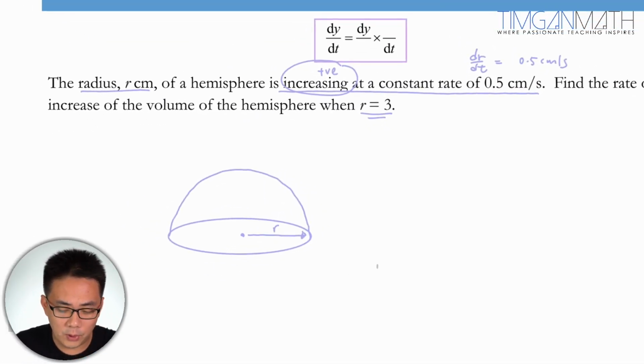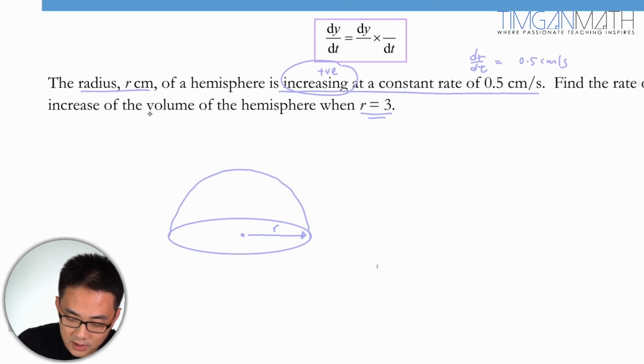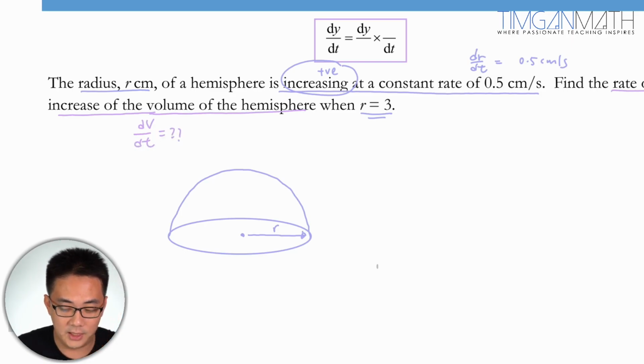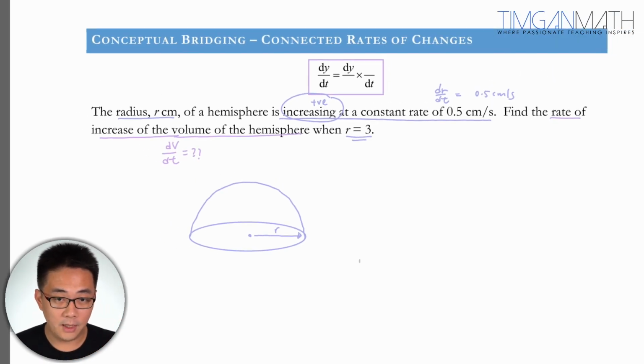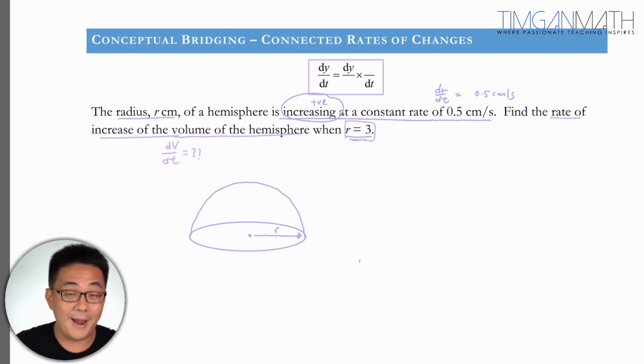So how do we do this? Now remember, volume of hemisphere is v. If you want to find the rate of increase of the volume, meaning you are told to find dv dt. Now, when r is 3, meaning at the boundary condition, this could only be substituted at the end.